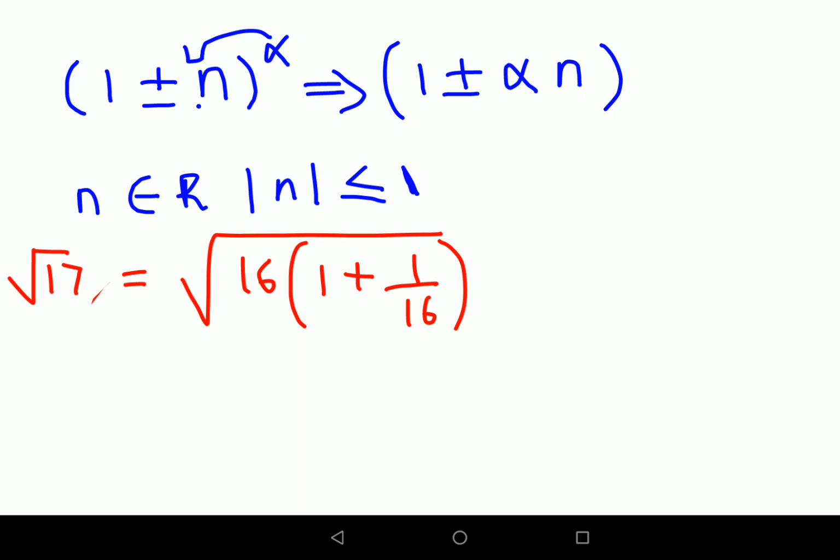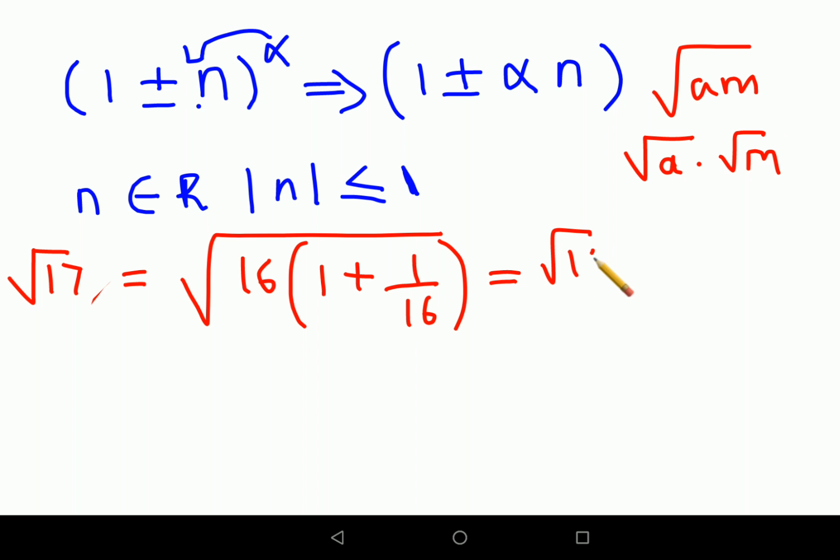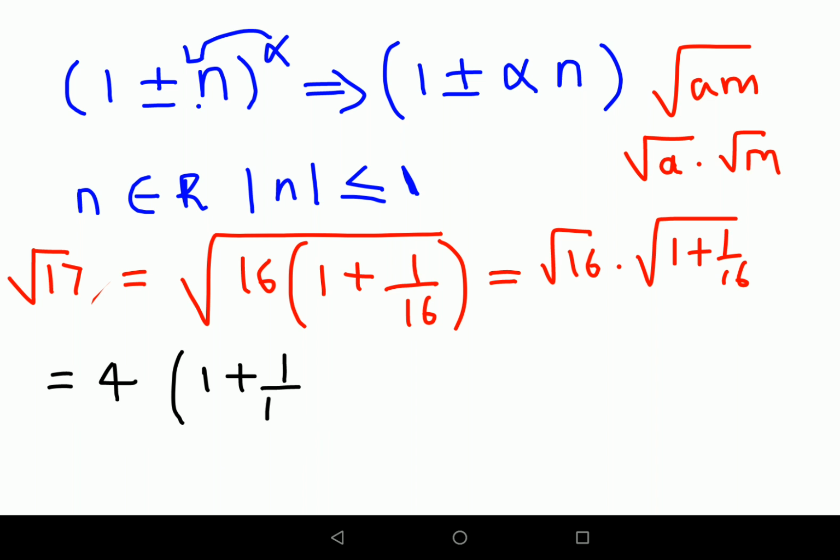Whenever you have a product under a root, you can split the root: root of a into root of m. Using the same logic, I'll take root 16 separate, and write the other as 1 plus 1 upon 16 in another root. Root 16 is just 4, and root of 1 plus 1 upon 16 can be written as 1 plus 1 upon 16 raised to half.